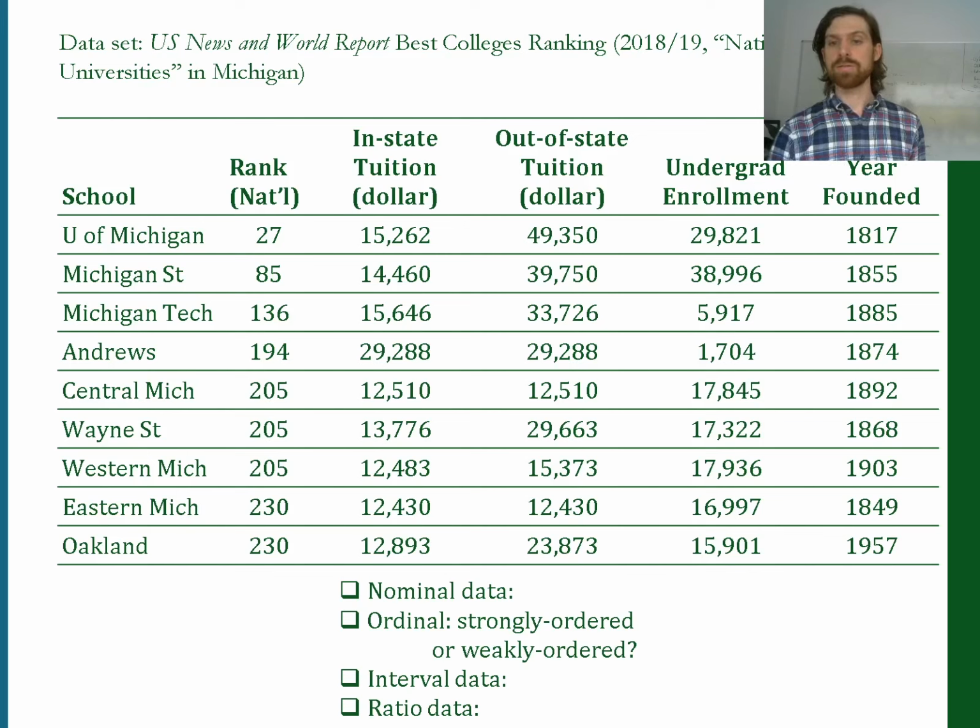And then we have the tuition cost, which is continuous. Essentially, we could define that value to whatever level of precision we want, and it's based on a ratio scale. And then when we look across here at the year founded, obviously this is arbitrarily defined, the year that the college was founded, and therefore it lends itself most suitably to interval data.